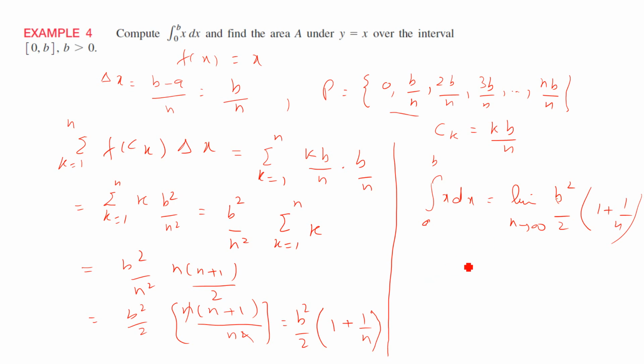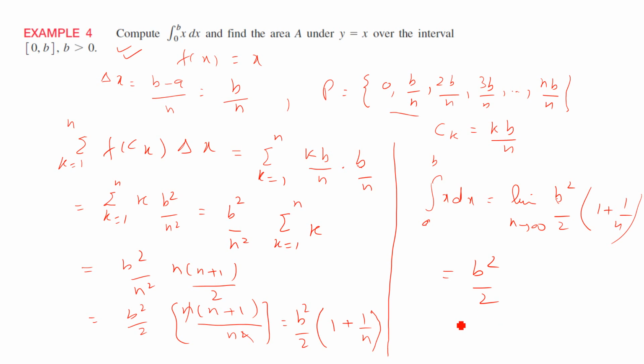Pardon me if you cannot read my writing properly. So this is b square over 2 times 1 plus 1 over n. As n approaches infinity, 1 over n approaches 0, so we are left with b square over 2. This is what we wanted to prove.